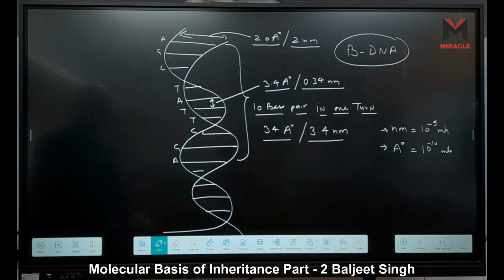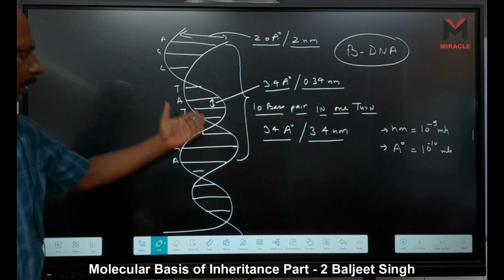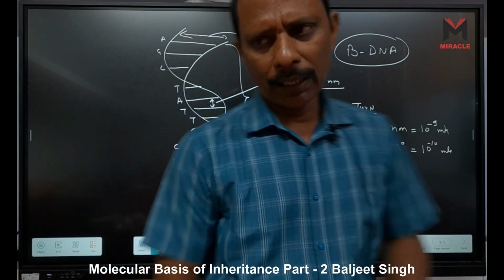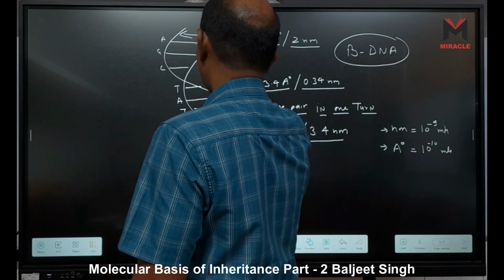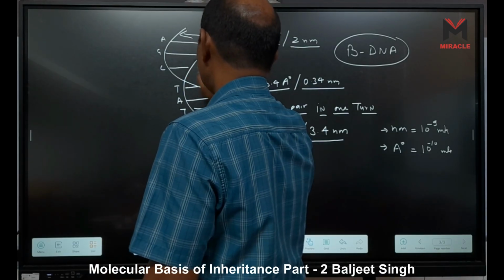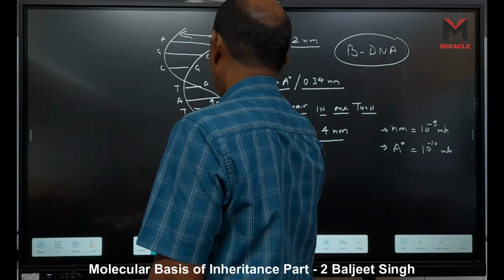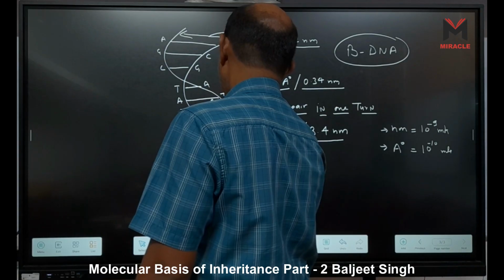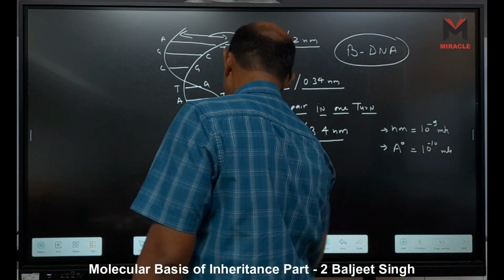Right? Complementarity is there. If we have one strand sequence, we can understand the sequence of the other strand, because they are complementary to each other. Right? Adenine on this side, that means here it is thymine. Guanine, that means here it is cytosine. Cytosine, that means here guanine, thymine, adenine, adenine, thymine. Right?